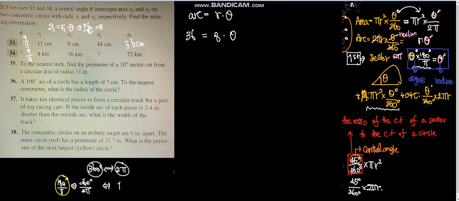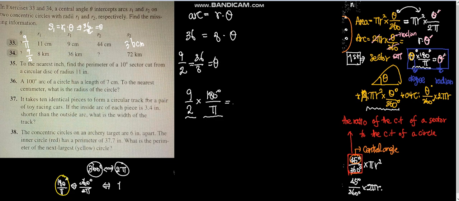Theta we don't know yet, so we simplify 36 over 8. Divide 8 by 4, it's 2, and 36 by 4, you get 9. It's 9 over 2, times 180 degrees over pi, because we are converting radian into degrees.